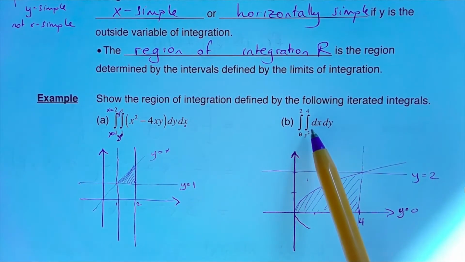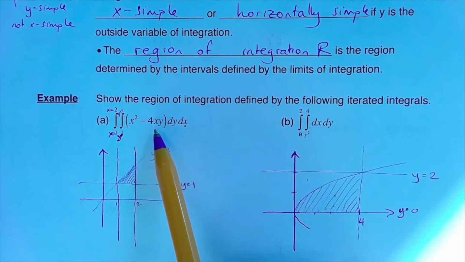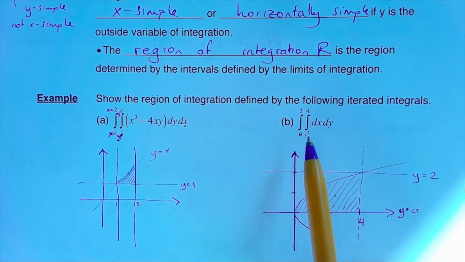What is the function we're integrating here? It seems to be just f of x and y equals 1. In the earlier example, f of x and y was equal to x squared minus 4xy. We can just have 1.